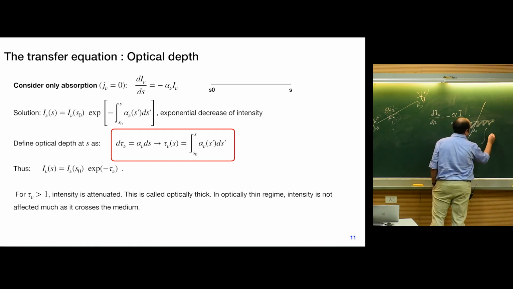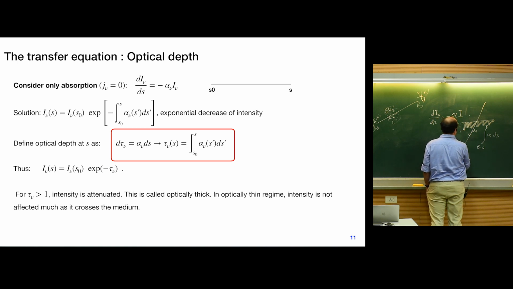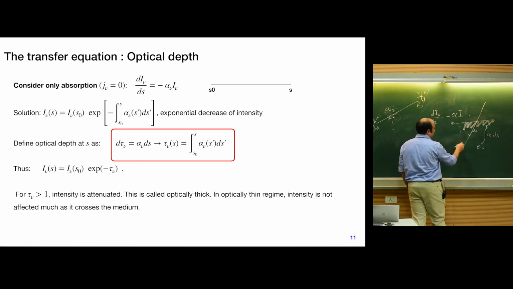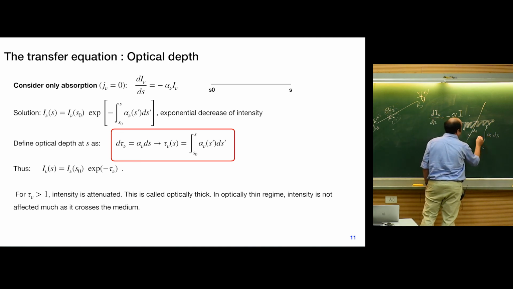So this quantity, integrating alpha times ds from z equals 0 to some value z prime, integrated along this ray, is called the optical depth, which is tau.